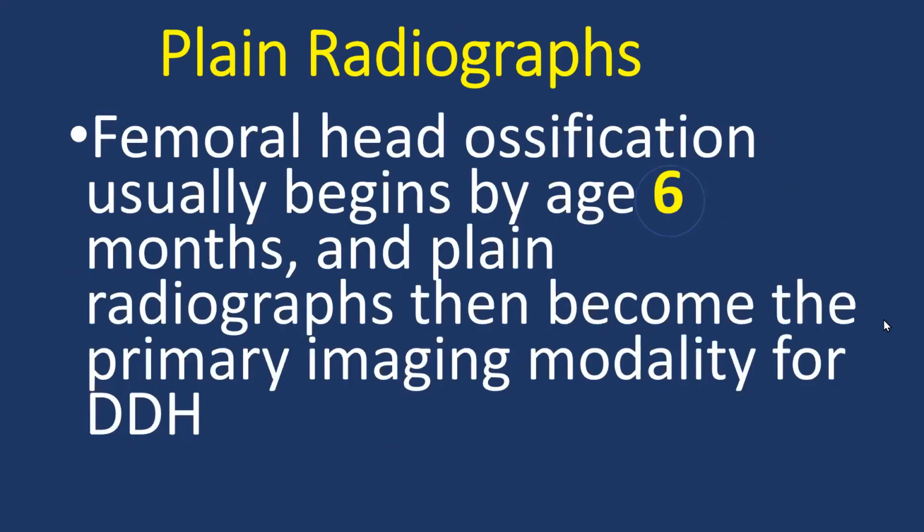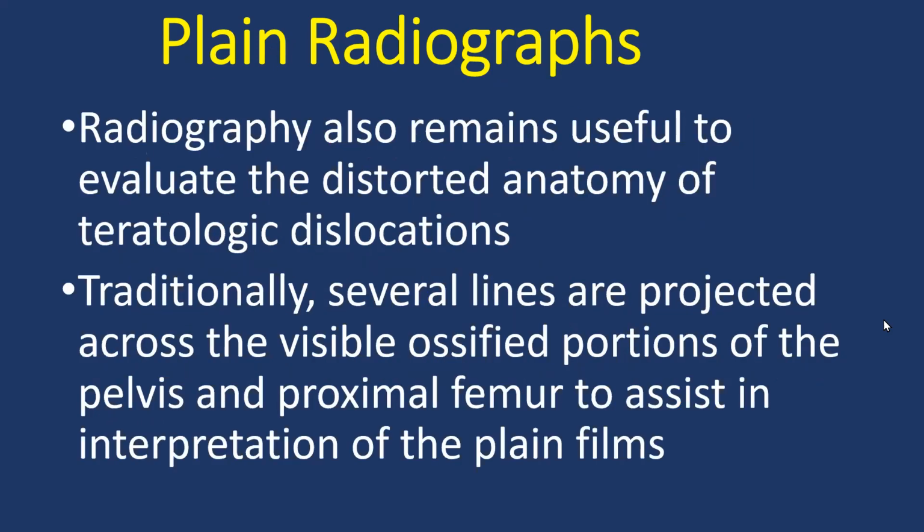Femoral head ossification usually begins by the age of 6 months, and plain radiographs then become the primary imaging modality for DDH. So I use between 4 and 6 months, but if you're asked in an examination, you should say, I would be glad to use plain x-rays at 6 months.